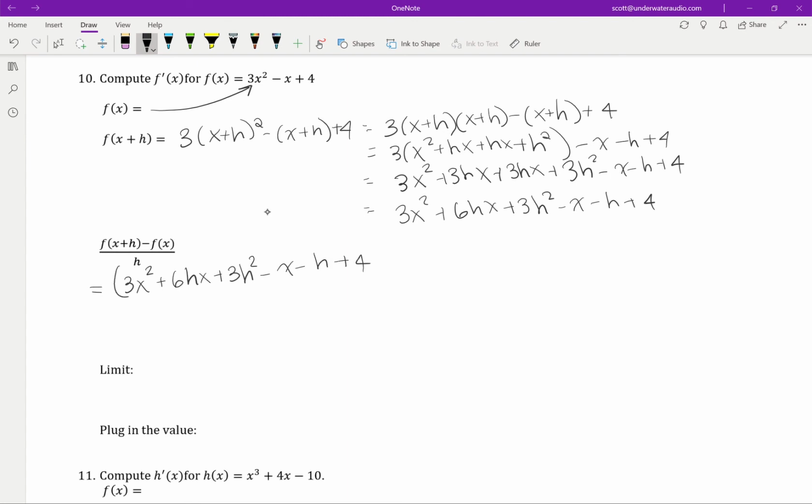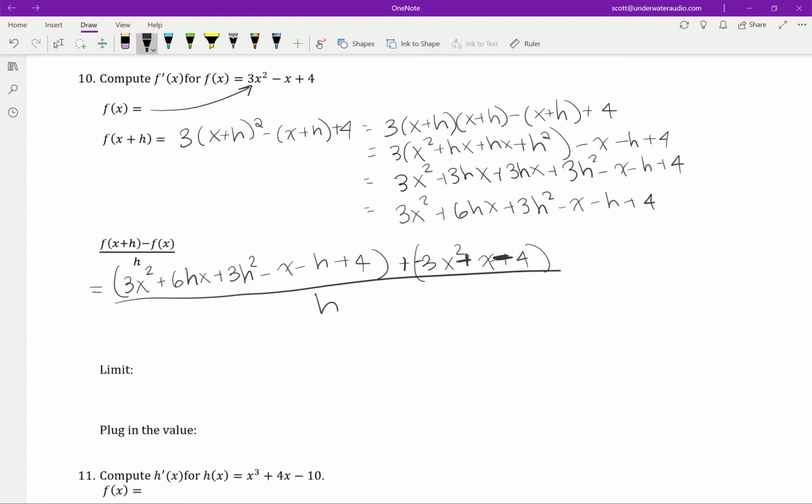All of this we're going to subtract f of x now. f of x is the original equation, 3x squared minus x plus 4, all over h. Okay, so this minus over here, I'm going to turn that to a plus and make that a negative, this a positive, and that a negative.